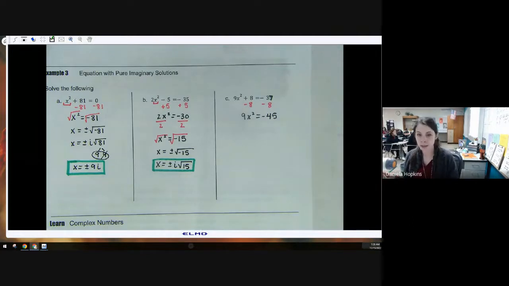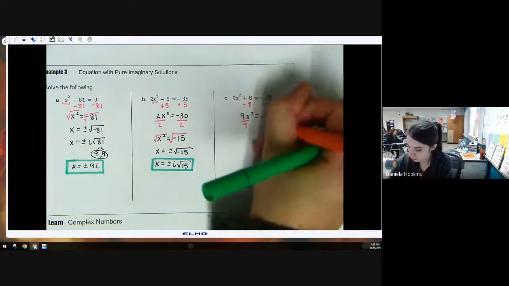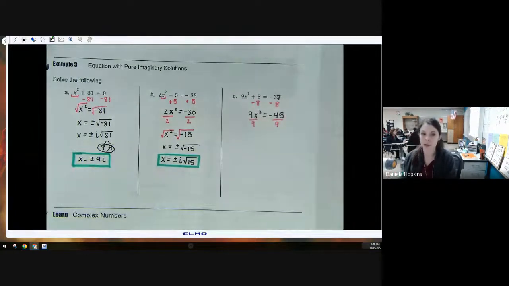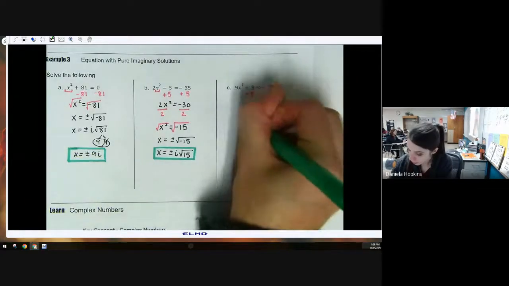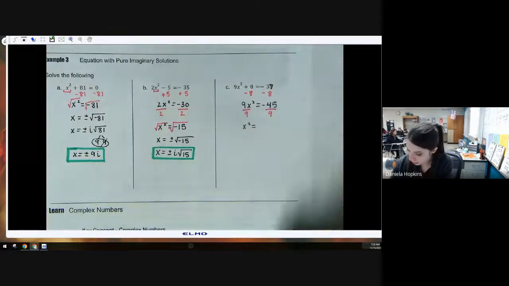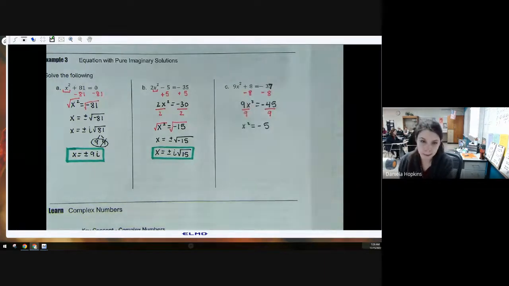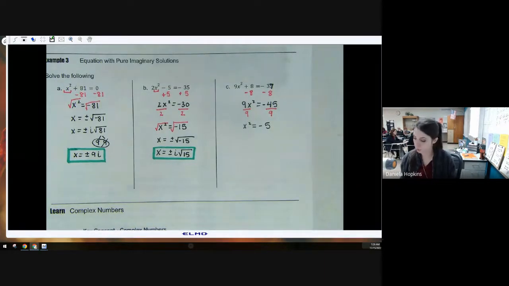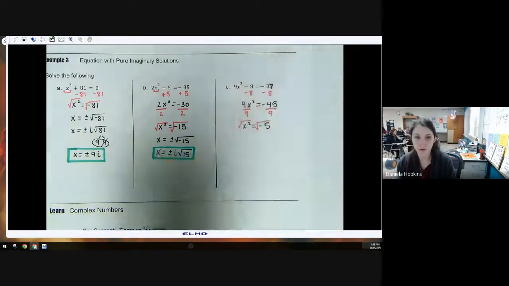How do I move that 9? Divide. Just making sure y'all are still awake. So then I have x squared equals negative 45 divided by 9, negative 5, right? I'm good to take the square root of both sides. Man, I give you easy ones on the notes. We didn't even have to simplify any of our roots.